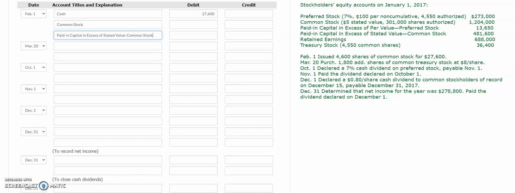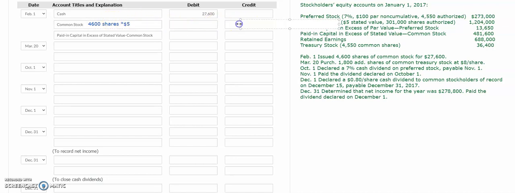So to solve for this problem, I'm going to start off by including our common stock, which is going to be 4,600 shares times the $5 stated value.